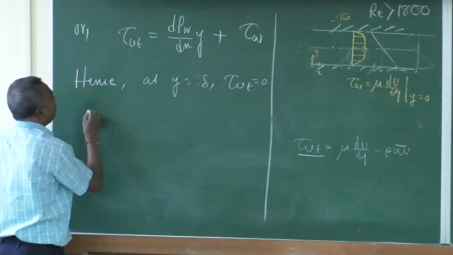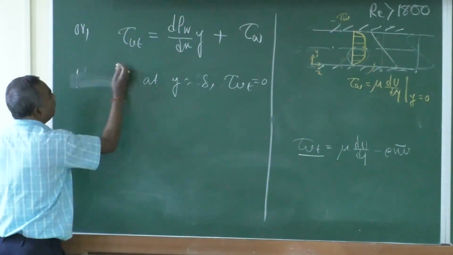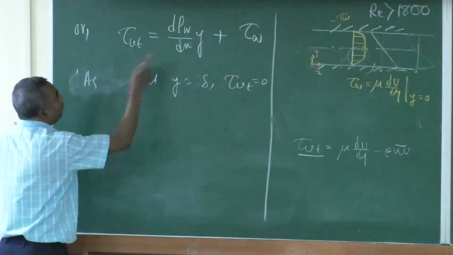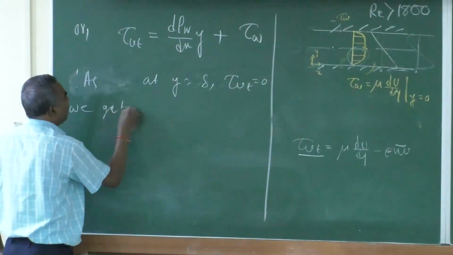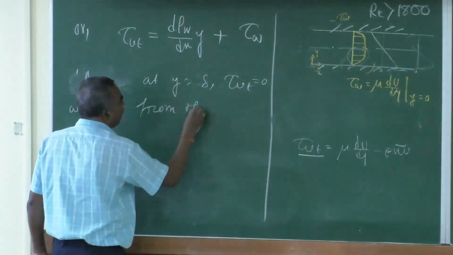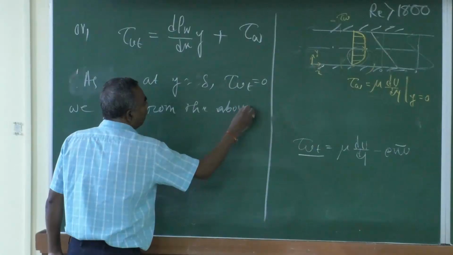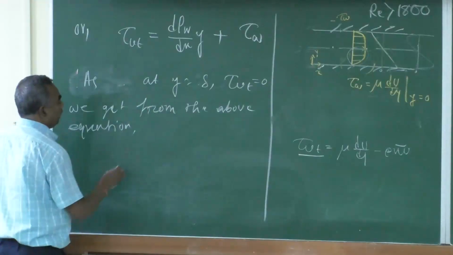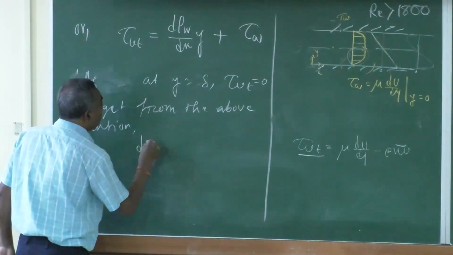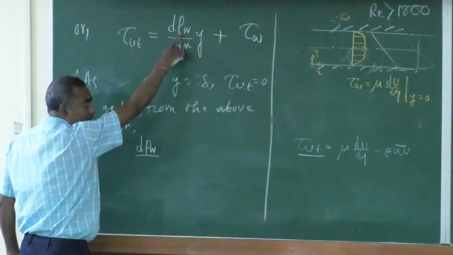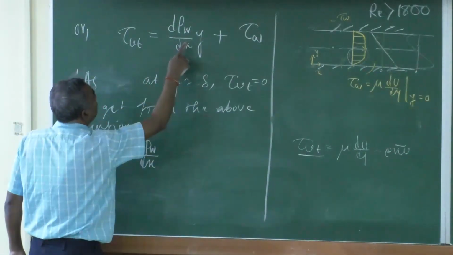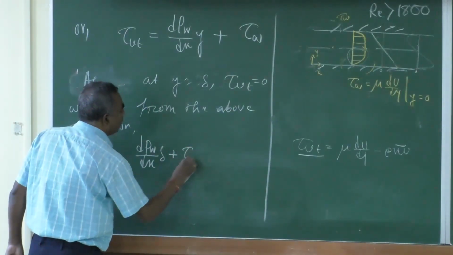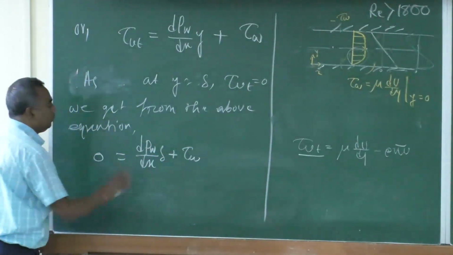At y equal to delta, from the above equation, you see dPw, keep it in mind, Pw is a function of x, so dPw/dx times delta plus tau_w is going to be 0.